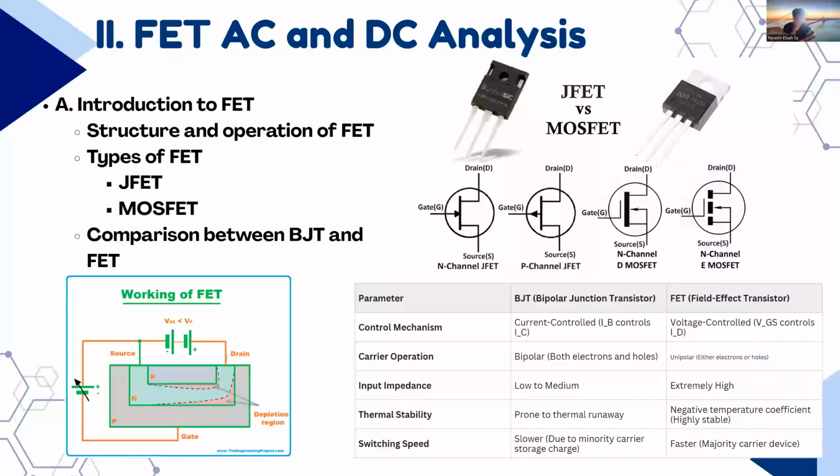Next. So, what are the types of FET? We have the JFET and MOSFET. What's the difference? FETs are broadly categorized into two primary types based on their structural construction. What is the JFET?